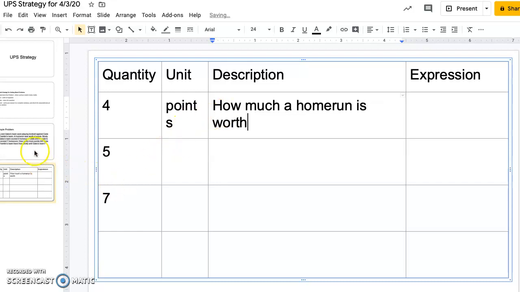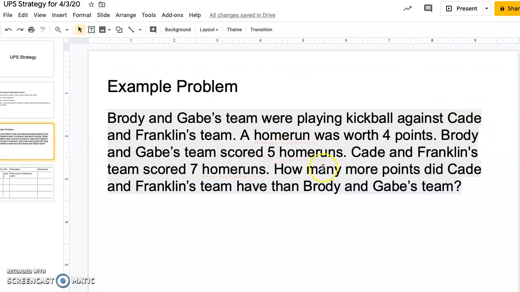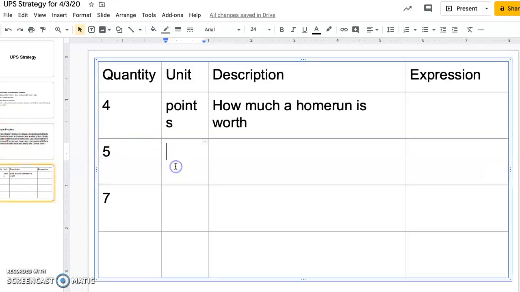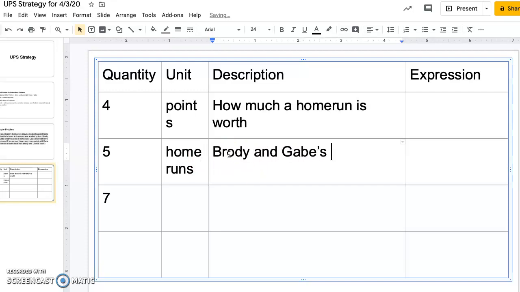Okay, let's look at our 5. Brody and Gabe's team scored 5 home runs. So 5 home runs, and this would be what Brody and Gabe's team scored.